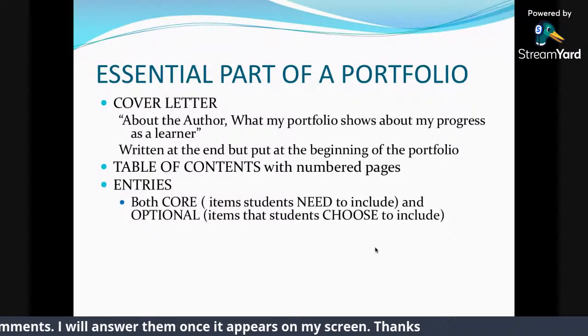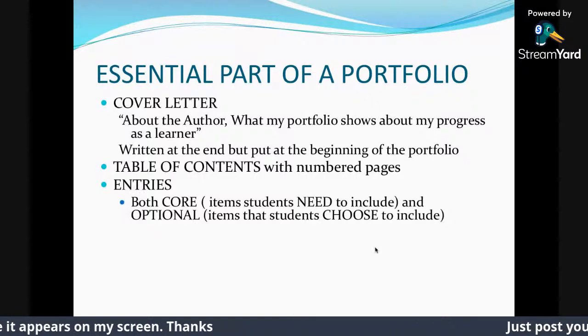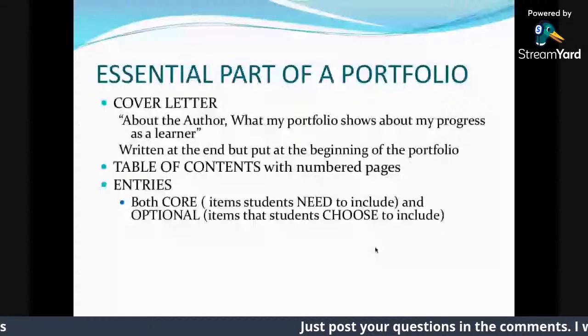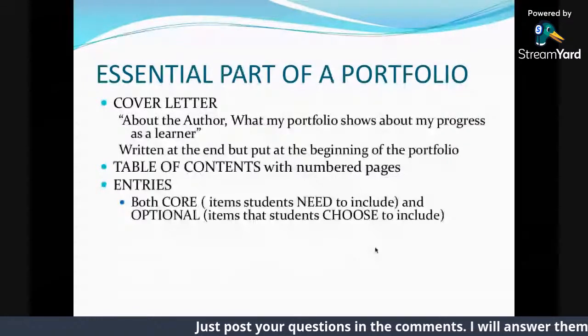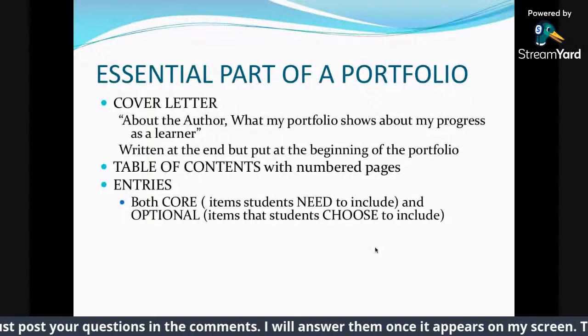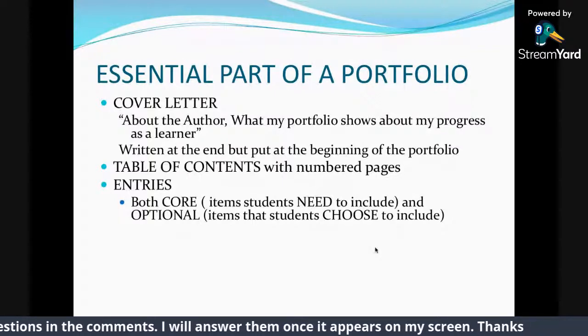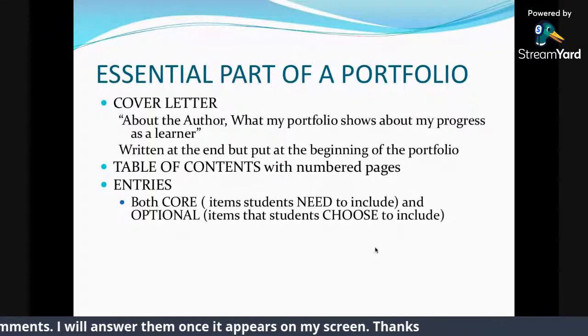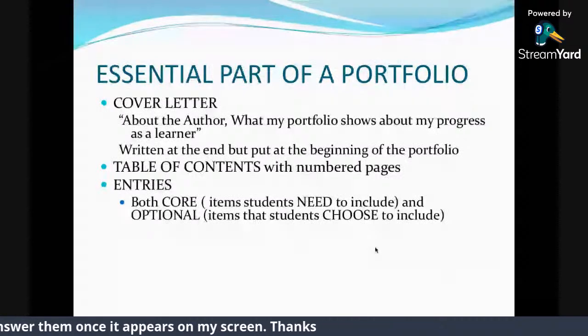So ito yung maganda dito sa portfolio, guys. Kung sa traditional testing, dapat yung pinaka-best palagi yung papakita mo. Sa portfolio, pwede kayong mag-include ng pinakamagandang trabaho mo at pwede kayong mag-include ng trabaho na hindi masyadong maganda.